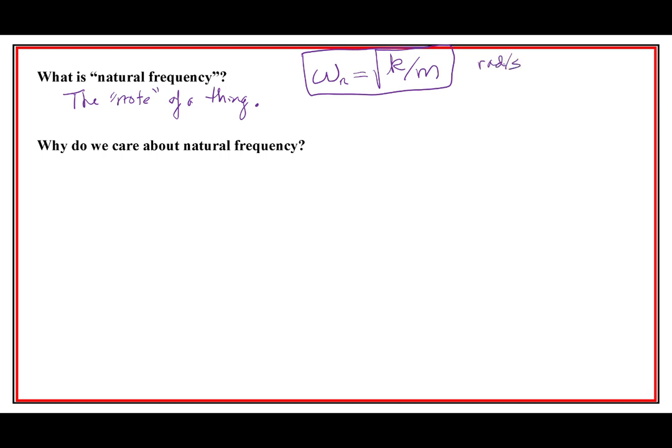We often don't want to deal with that, so we instead have the natural frequency that we will deal with when we want some real numbers. We'll divide that by 2 pi, so we're dividing it by 2 pi for every rotation of the thing, and then this comes out in hertz, which is, of course, 1 over time, 1 over seconds. So here's the actual natural frequency, and here's the circular one.